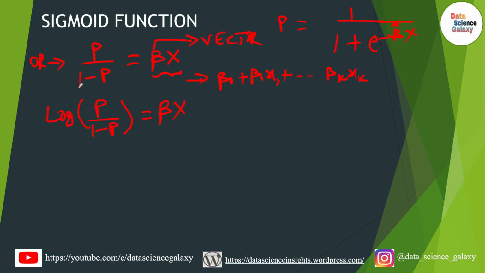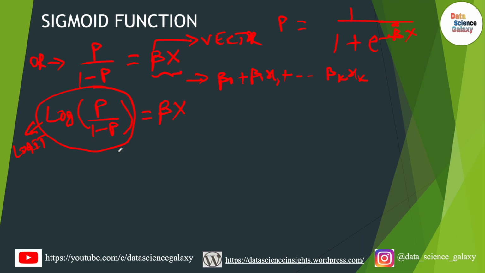If you look at this portion, log of p by 1 minus p is called a Logit function or a logistic function, and hence the name logistic regression. By now, I think you're able to relate the two. So what I want to do from here onwards is to go to probabilities. I've got log of odds. So I can think of this to be log odds. This is the odds ratio, this is log odds.